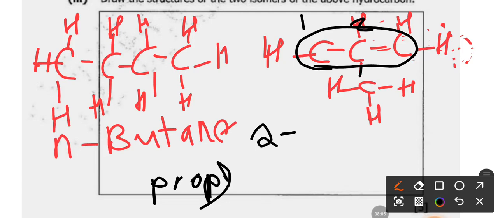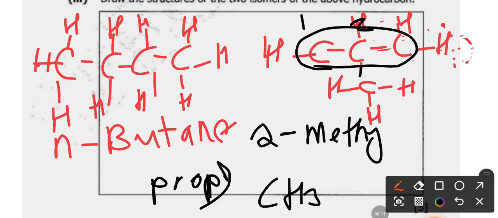This CH3 is a methyl. So it will be 2-methylpropane. So this is the name of the second isomer of butane.